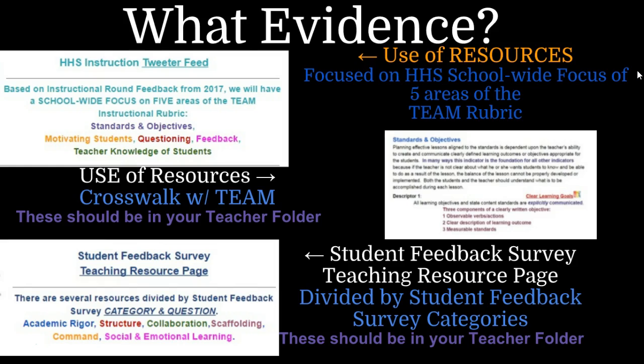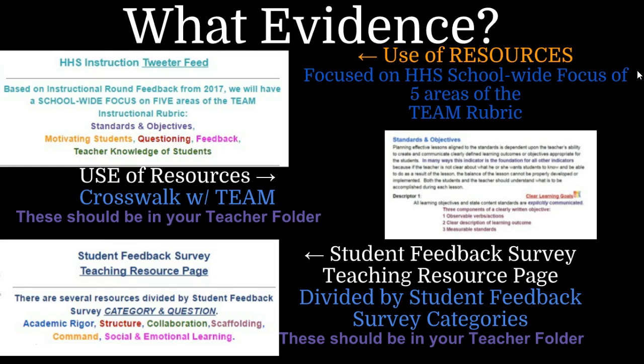And there are a lot of resources that you'll be given. There's also a crosswalk that I've created that connects those areas of the TEAM rubric with the Artisan Teacher ideas. And so that should be in your teacher folder.